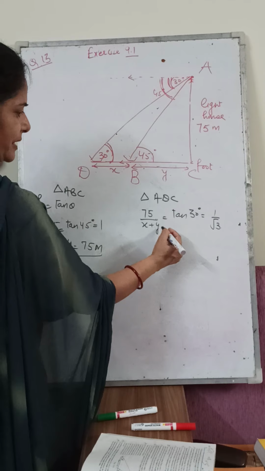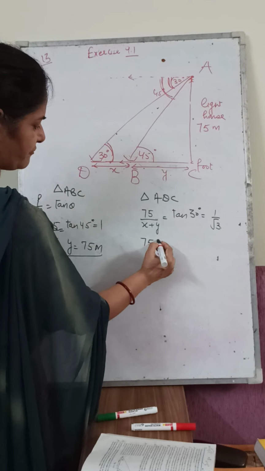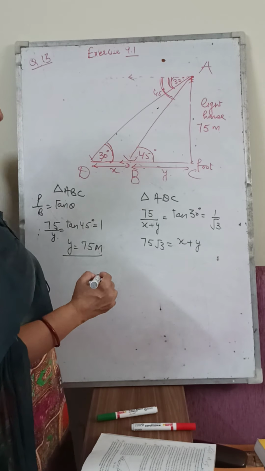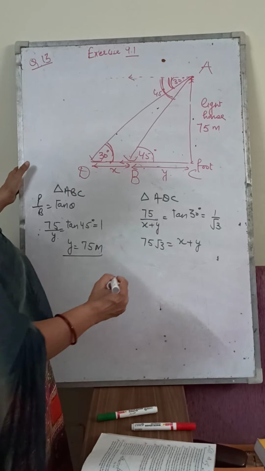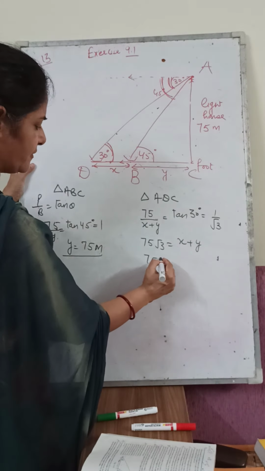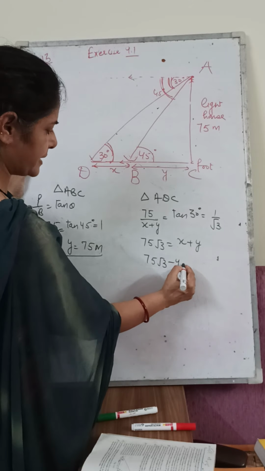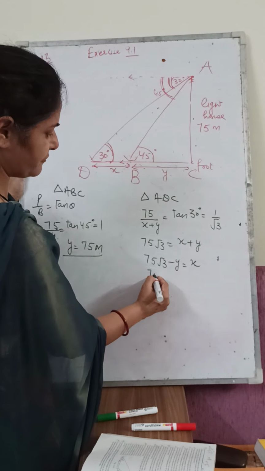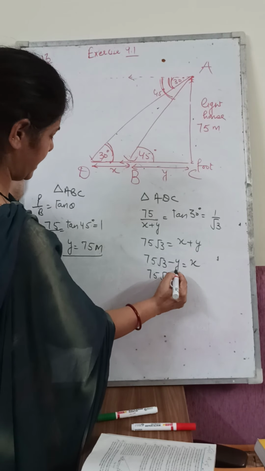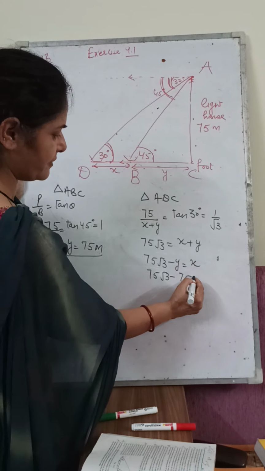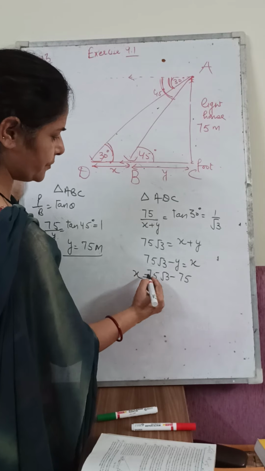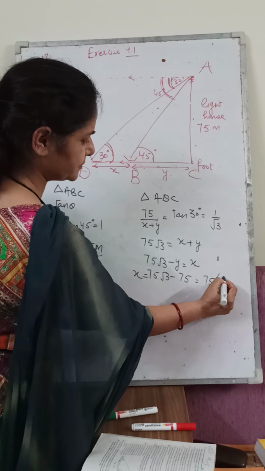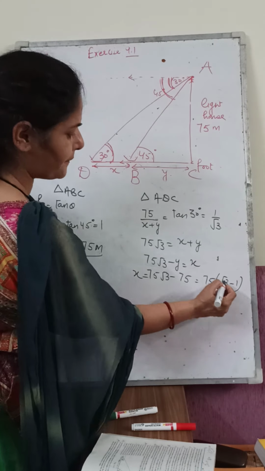Let's do cross multiplication. 75 root 3 is equal to x plus y. 75 root 3 minus y is equal to x. 75 root 3 minus 75 is equal to x. 75 common, root 3 minus 1.